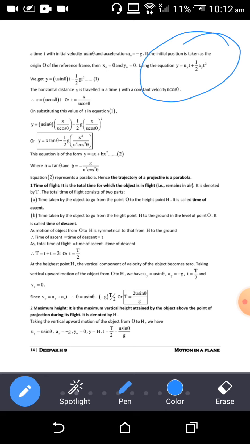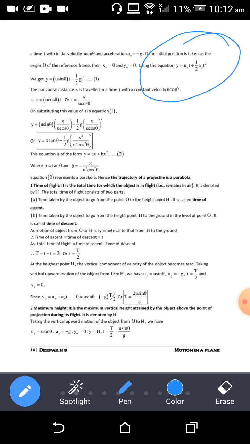Making use of that, u subscript y can be replaced by u sin theta. So y is equal to u sin theta into t minus half g t square. That is considered as equation 1.